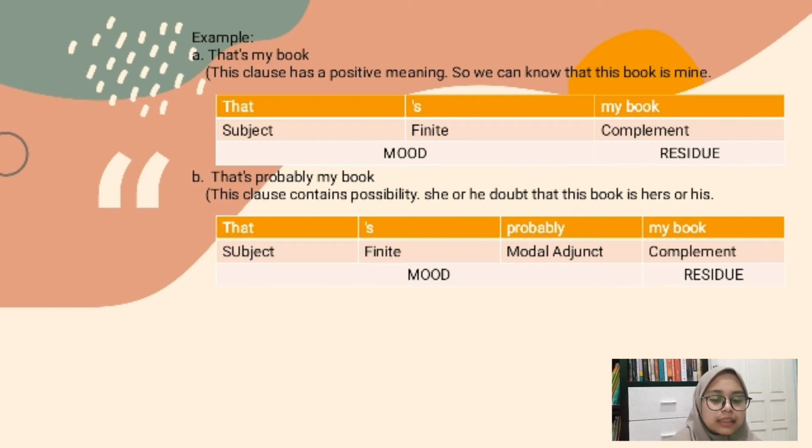In other words, the second clause is in between positive and negative poles. The use of the adjunctional modal, probably, in the second clause is called modalization. The likelihood and frequency are included in the modality. As you can see on the screen, the analysis of those 2 clauses.